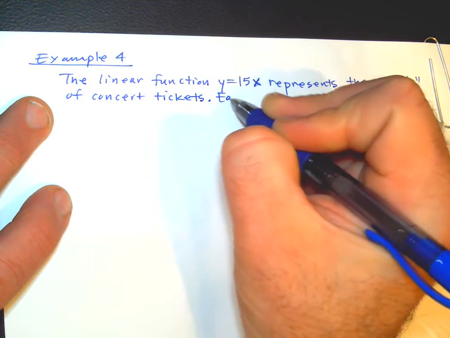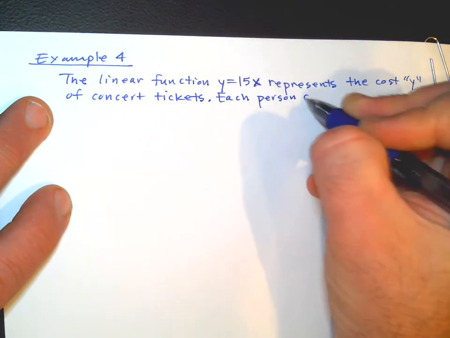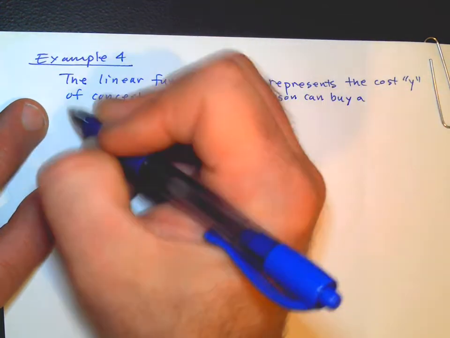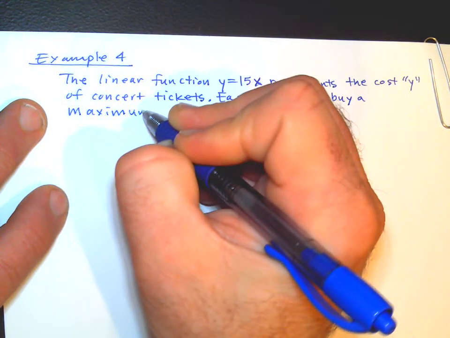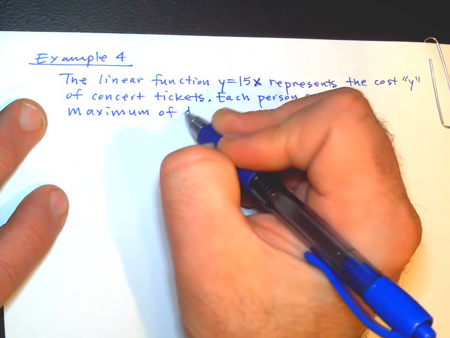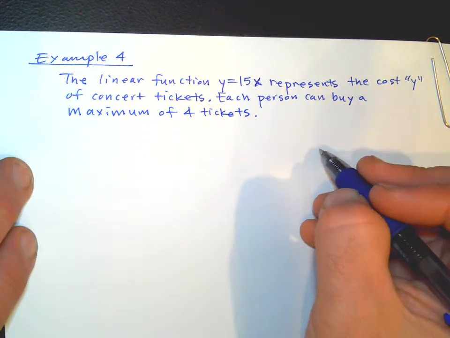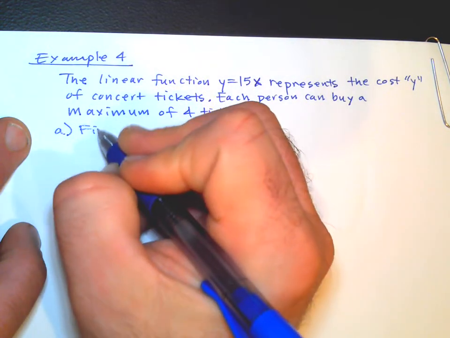Each person can buy a maximum of 4 tickets. Okay? A, find the domain.